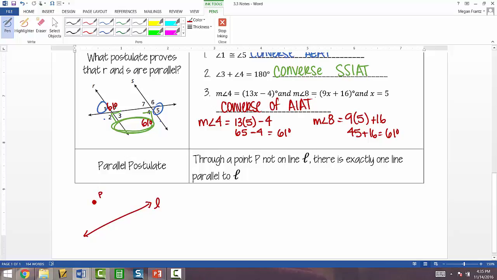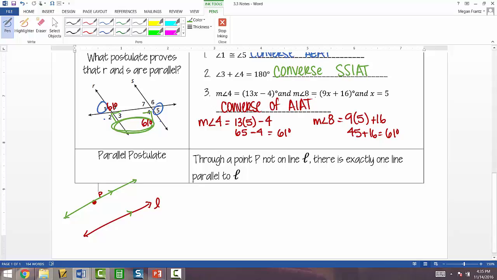This says there is exactly one line that is parallel to L that goes through that point P. Which, if you think about it, there's only going to be one line like this that is parallel to this one. Any other line that I draw through point P won't be parallel to it because it'll have a different slope. But that's all that postulate says, and we won't actually need that until later this week.